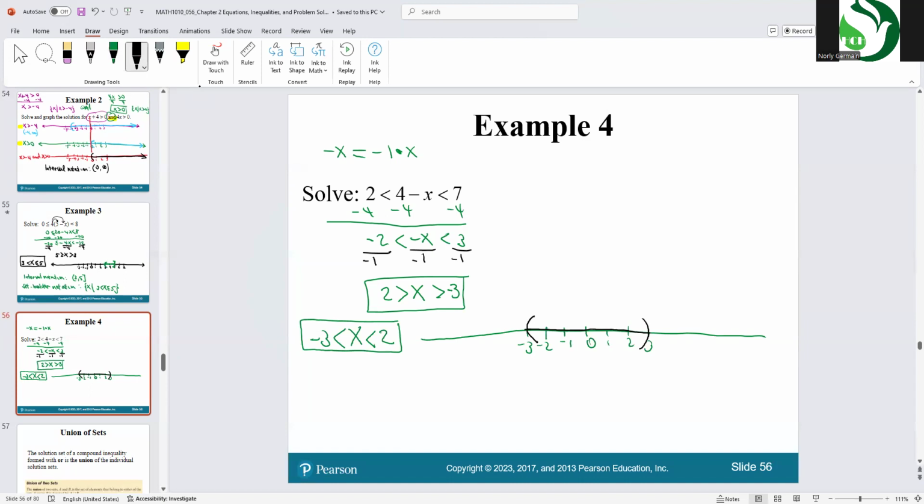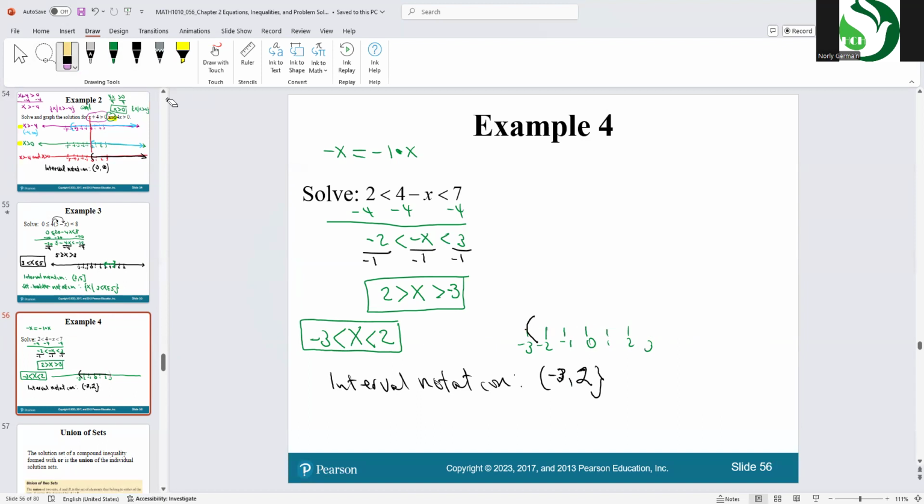Now, this is the solution. If you want interval notation for that, we're going to have -3 and 2. Oh, that's 2. I need to fix that one. Oops. You know what? I'm going to put it right there.